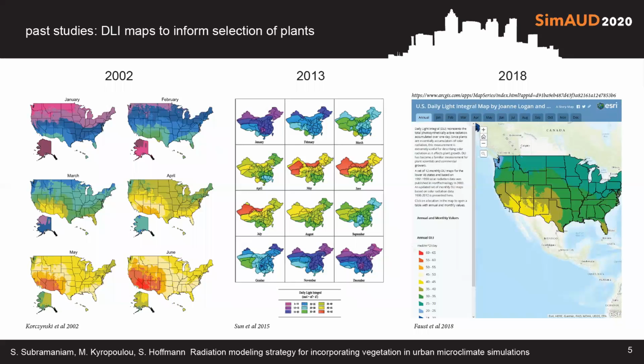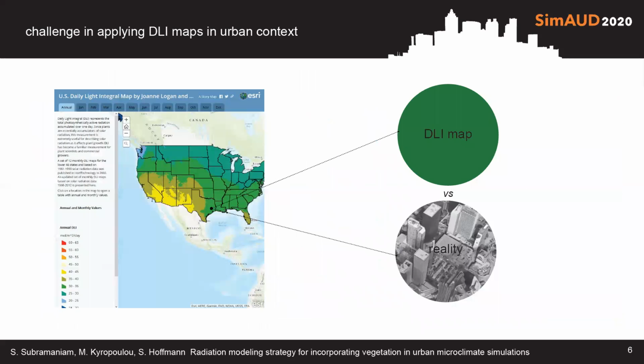And in these studies, global radiation data was aggregated and then averaged into monthly estimates and then plotted onto maps. Now, the intent here was to provide region and climate specific guidance for selecting vegetation. So one of the questions in front of us was if these estimates could be relied upon to inform vegetation strategies at the city neighborhood level or not.